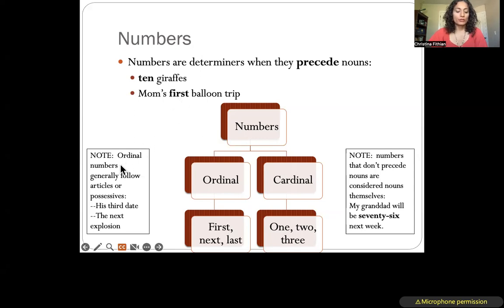So we'll often see ordinal numbers after articles or possessive pronouns, like his third date or the next explosion. Next is an ordinal number as well too.